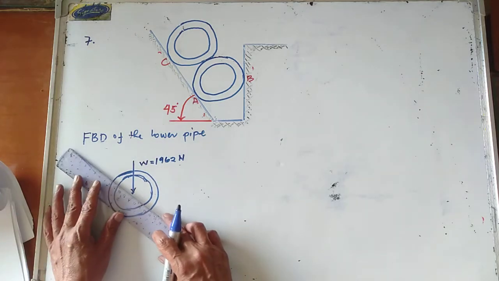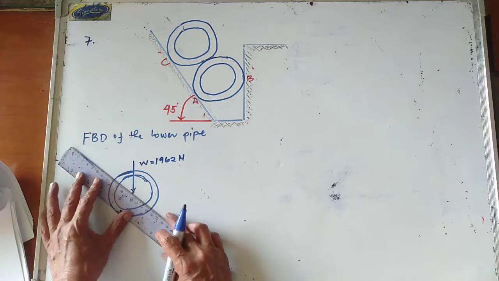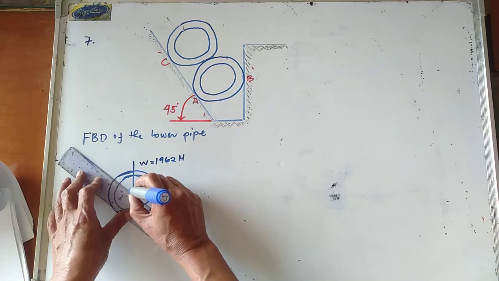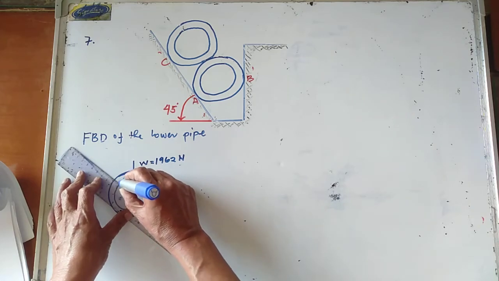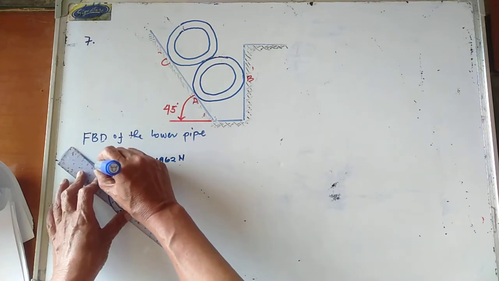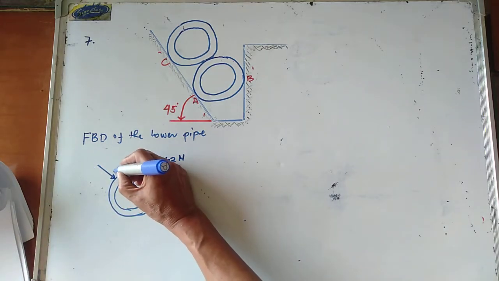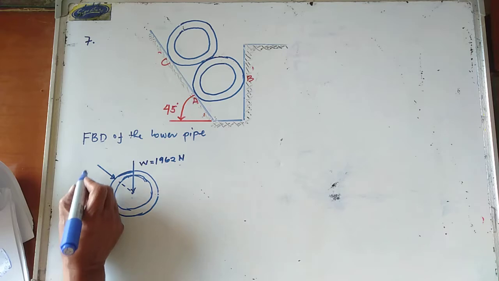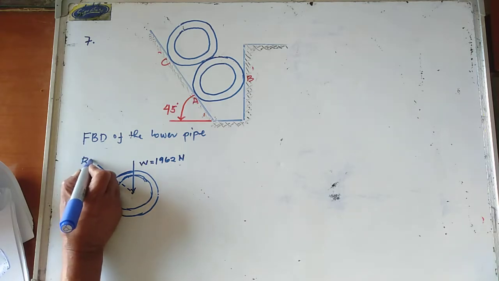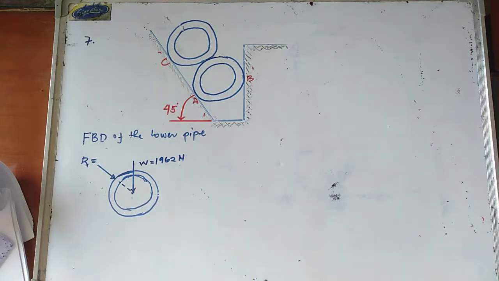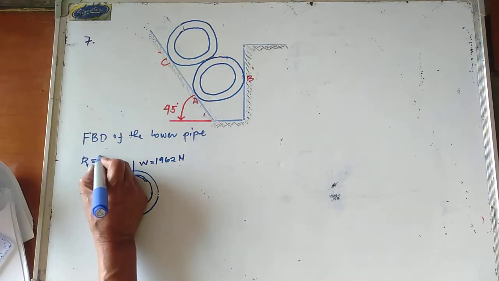R1 is making an angle of 45 degrees with the vertical. So your R1 therefore is now equal to 1387.344 newtons.